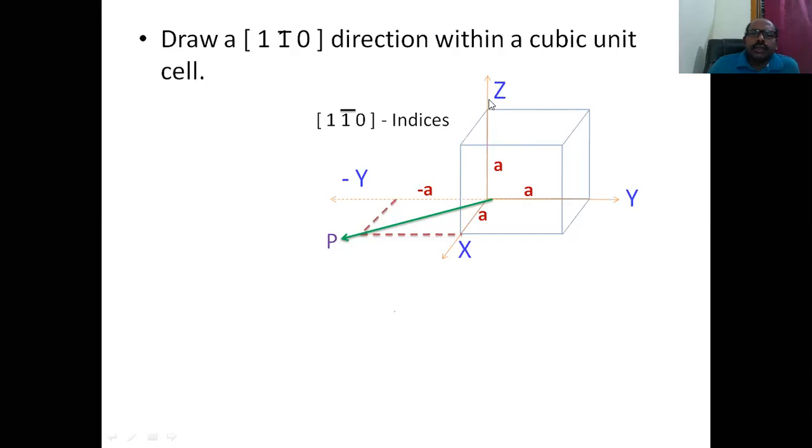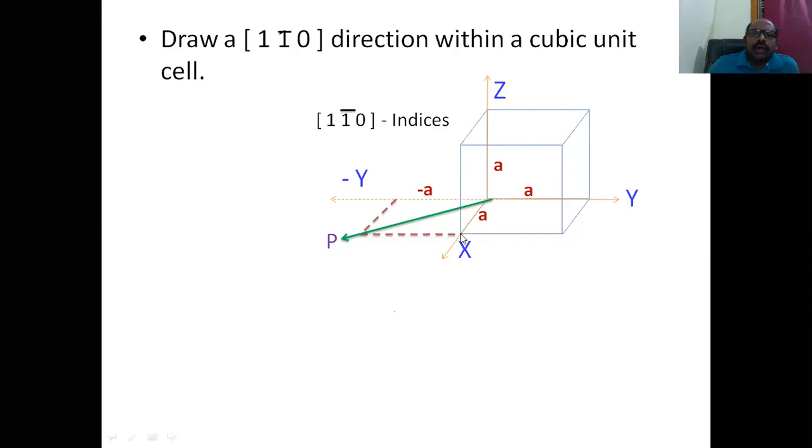According to this information, the x coordinate is 1, therefore along the x-axis 1. We are seeing this distance a as a unit cell, so we can treat a equal to 1. So it is along the x-axis 1 unit, and we are moving in this side.